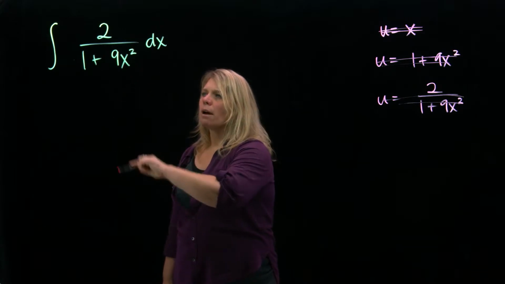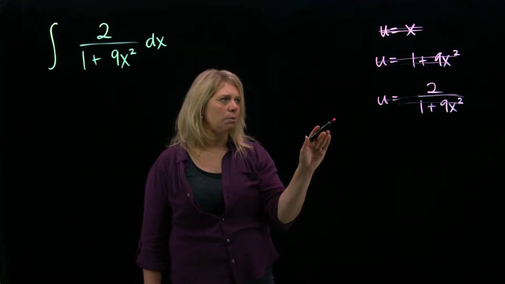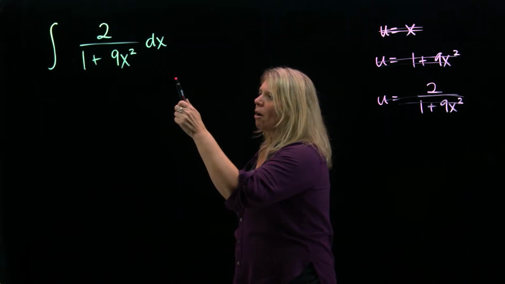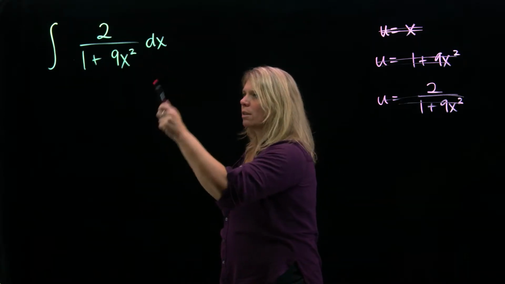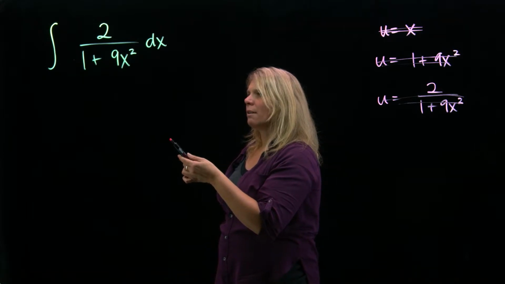But for this one, you actually have to be a little bit creative to think about what you might let u equal. And it goes back to what I said at the beginning about I almost know this antiderivative. If that 9 weren't there and the 2 weren't there, I do know this antiderivative.